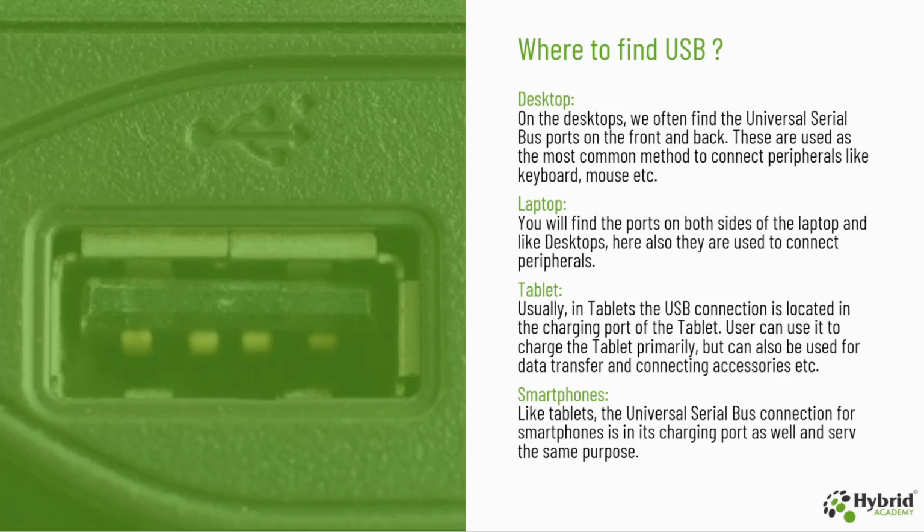On laptops, these ports are usually on both the sides, left and right, and here also we use them to connect the peripherals. In tablets, usually the USB connection is located in the charging port of the tablet.